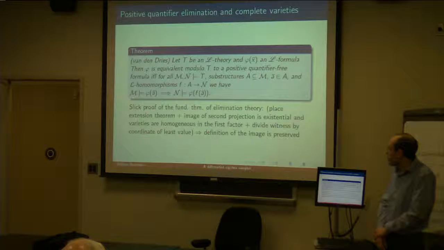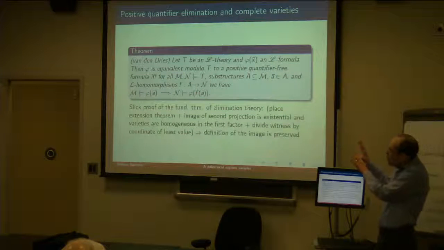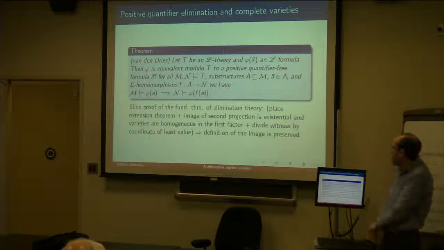Basically, all you have to do then is, if you have, and I'm being a little bit sketchy here because we're going to go over the same argument in more detail in the differential case, but just to say what's different in going from the algebraic to the differential case is that here you actually do have a valuation.